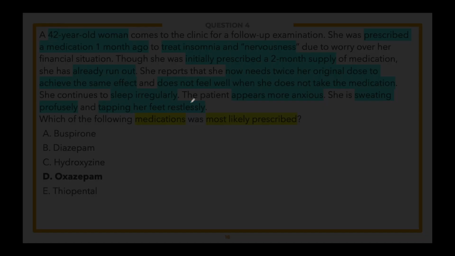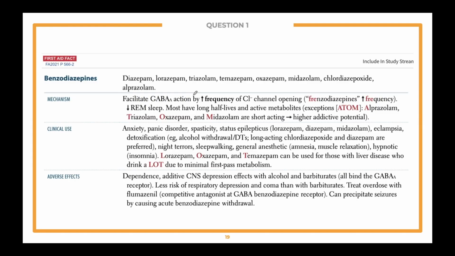And this is a nice table in First Aid talking about benzodiazepines, okay? Now, if you look at those adverse effects, you can see there that this can cause dependence, okay? This can cause dependence.